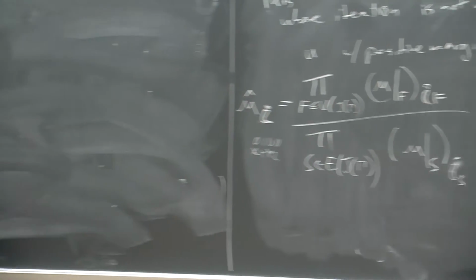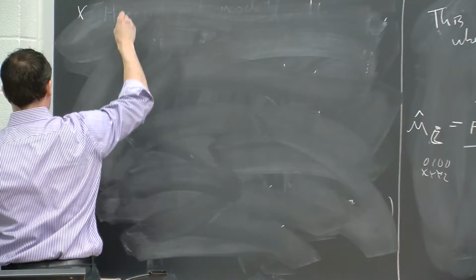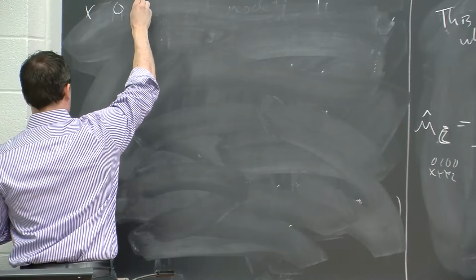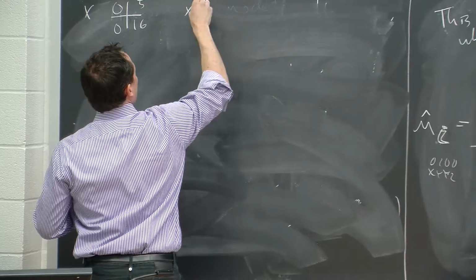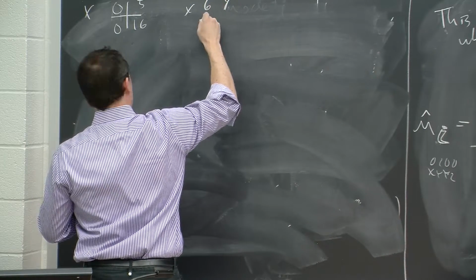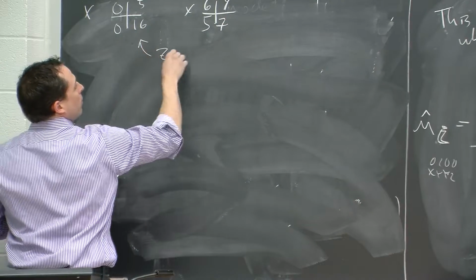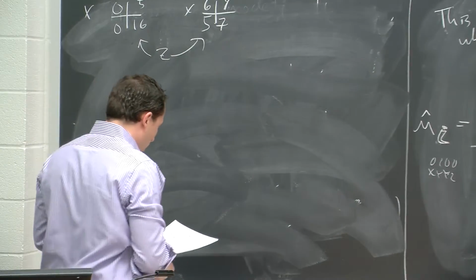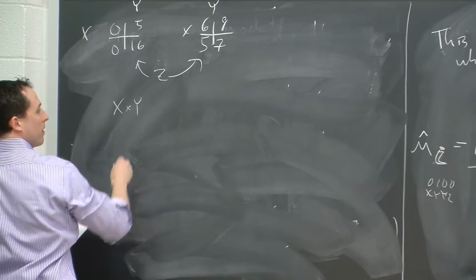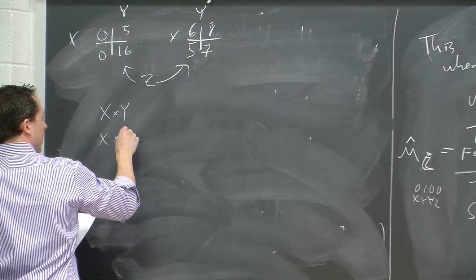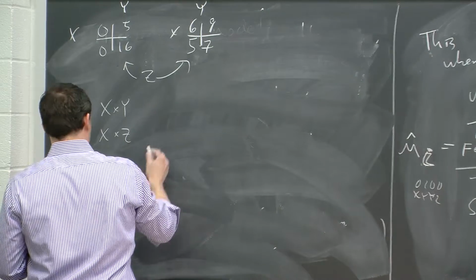So here's a numerical example. We have x and y: 0, 5, 0, 16, and x and y: 6, 9, 5, 7, and this is z, the variable of which subtable. If I just do an x cross y subtable, or an x cross z, so these are marginal independence models, or marginal models, these are okay.